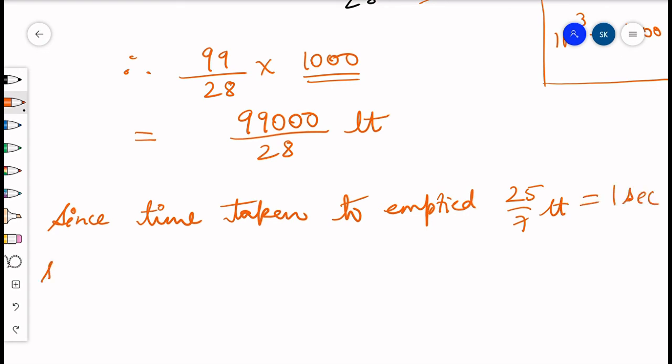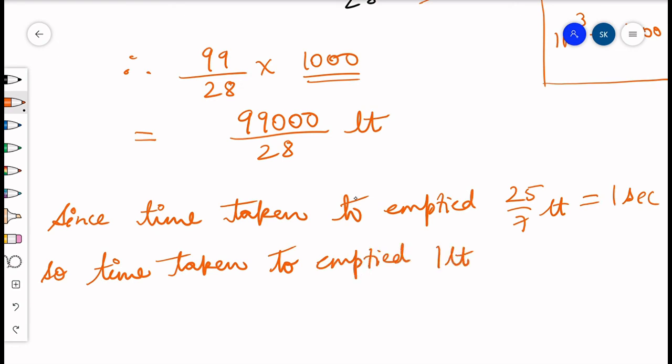So time taken to empty 1 liter will be 1 divided by 25 by 7, which gives us 7 by 25 second.